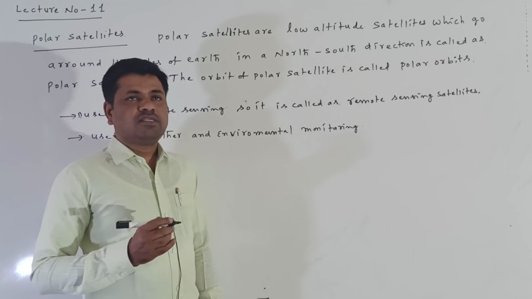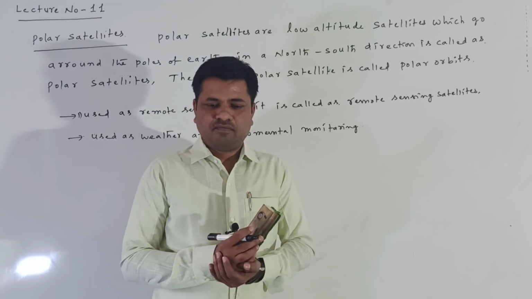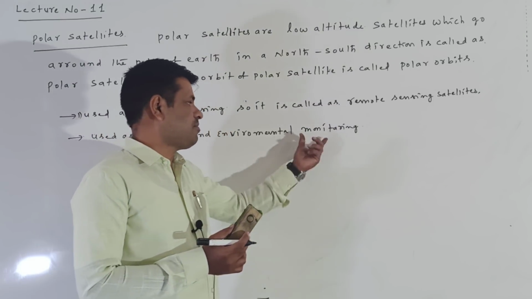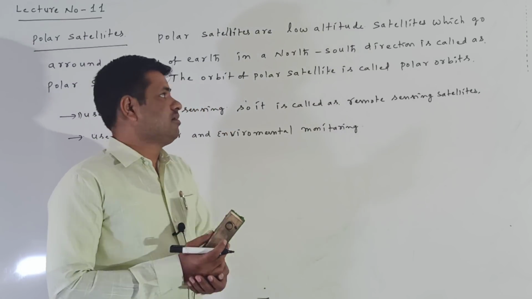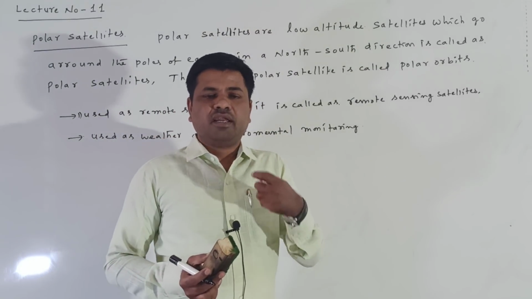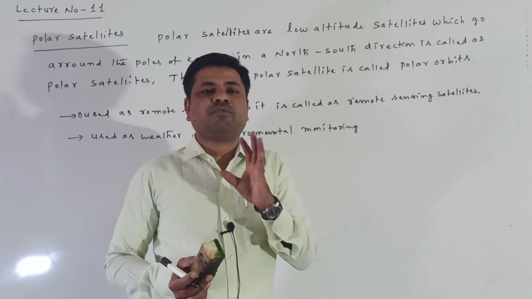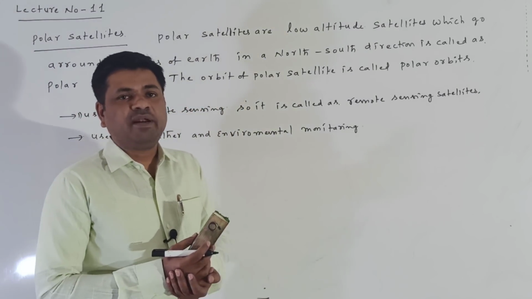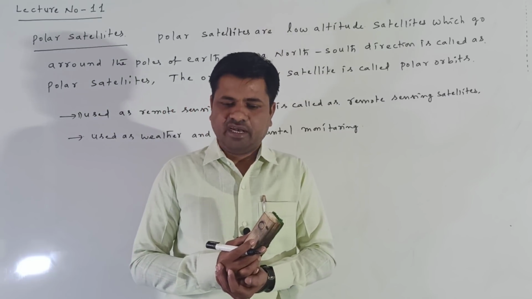Here, this gives information more reliable than the geostationary satellite. What is the information we are getting from the polar satellite? That information is more reliable, more useful, and better than the geostationary satellite.